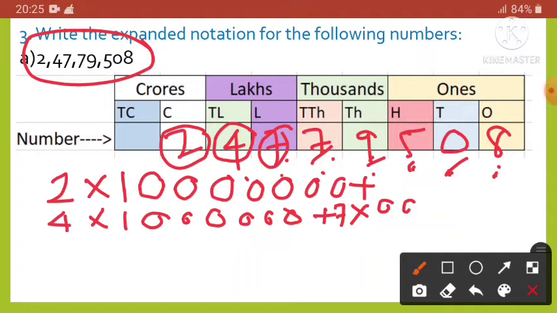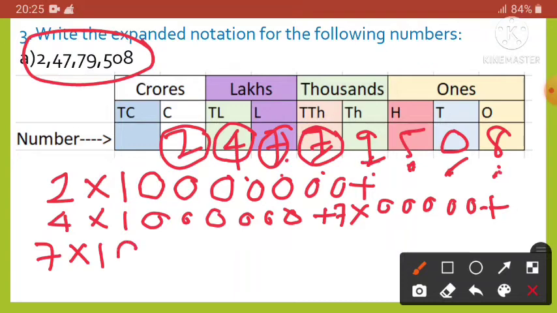So 1 with five zeros and a plus sign. Then the next 7 comes. Here 7 is under the TTH. So here will be 7 into 1, and how many zeros? 1, 2, 3, 4. So here will be 1 with four zeros.